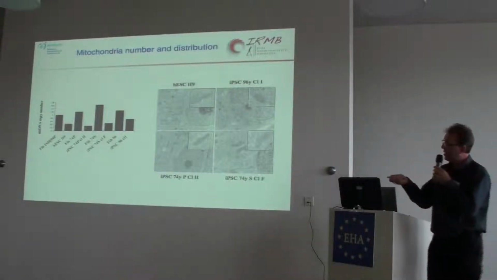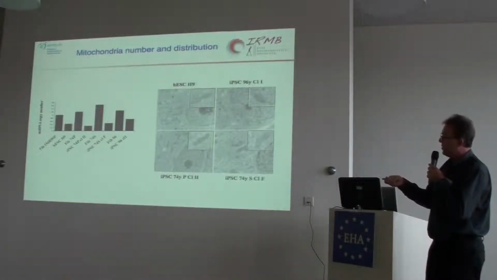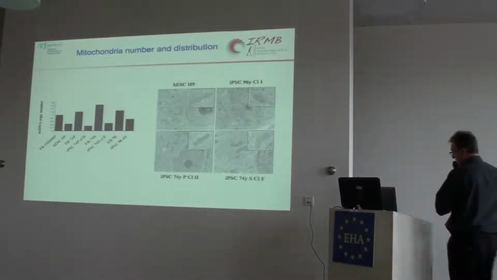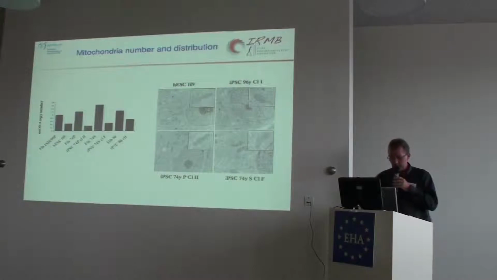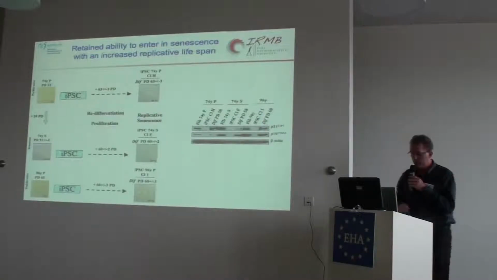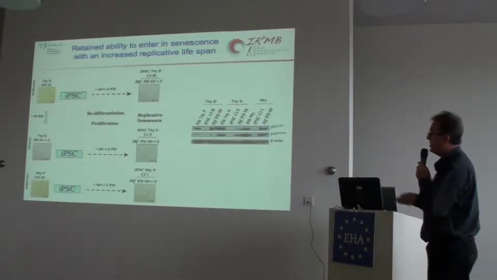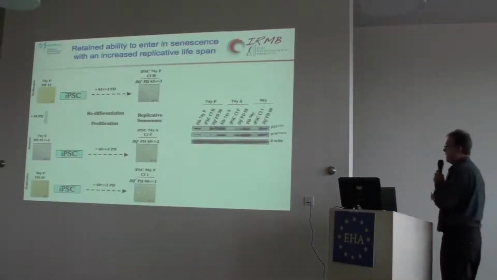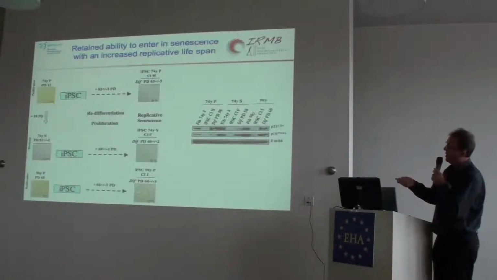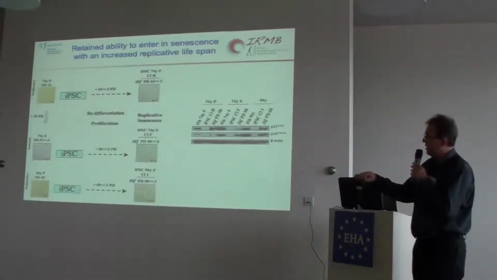We also decrease the number of mitochondria in iPS cells, which is a characteristic of human embryonic stem cells, and we found similar distribution and morphology of mitochondria as in human embryonic stem cells. What we did next was to redifferentiate these iPS cells into fibroblasts, and we restored the proliferative capacity of these cells from, for example, senescent cells.